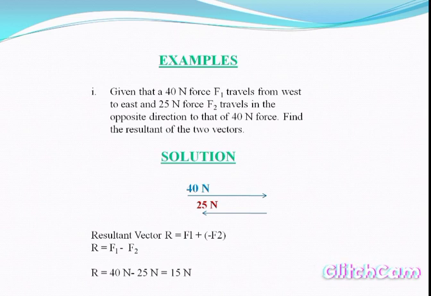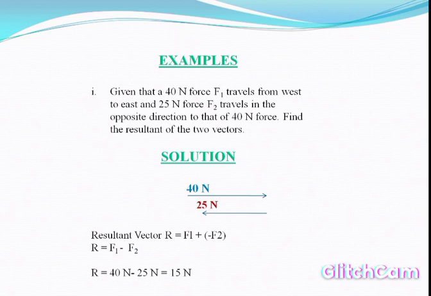Now we are going to draw the diagram for the vectors. We see that the 40 Newton force travels from west to east, that is from left to right, and the 25 Newton force travels in the opposite direction. It therefore means that the 25 Newton force will travel from east to west.